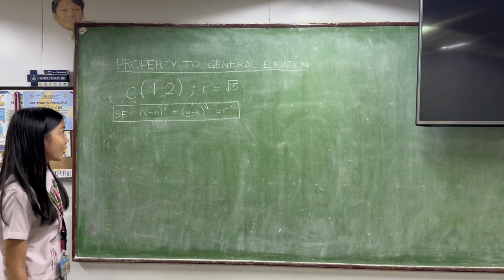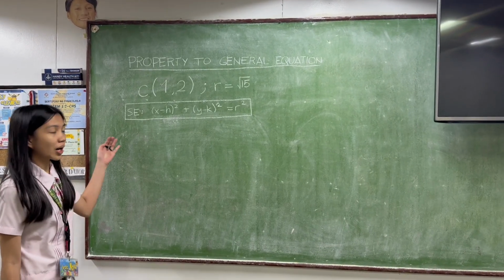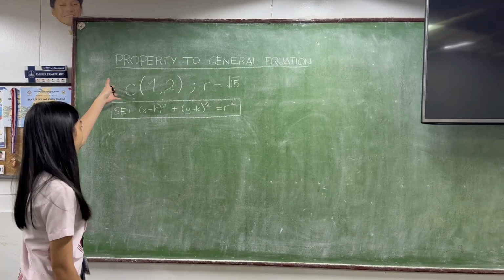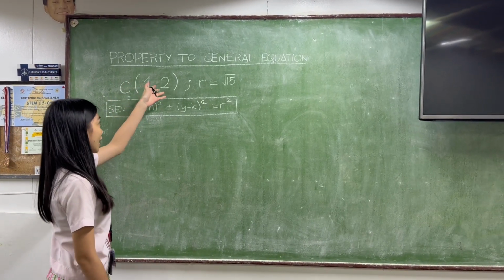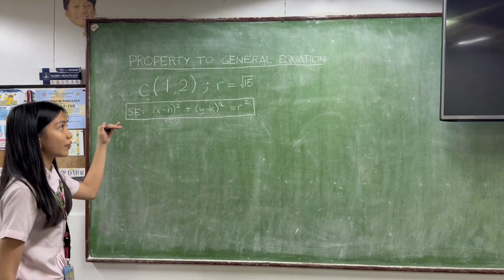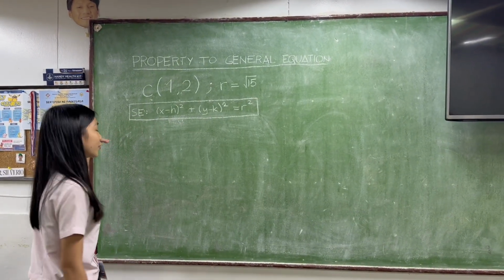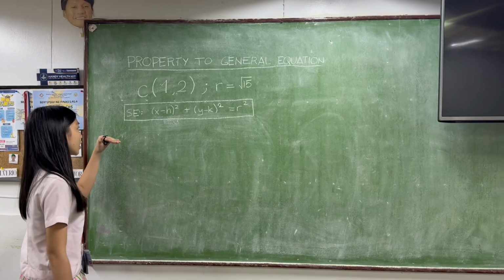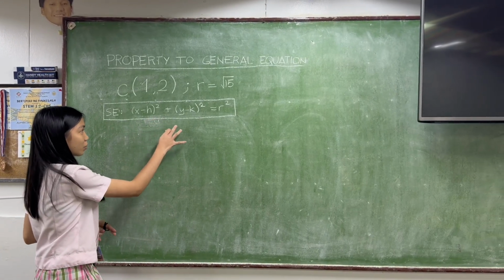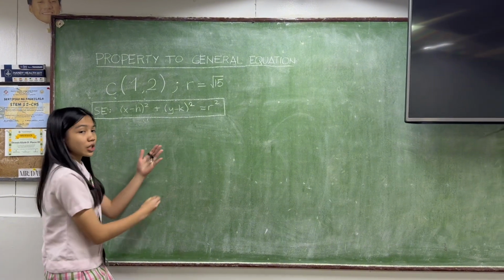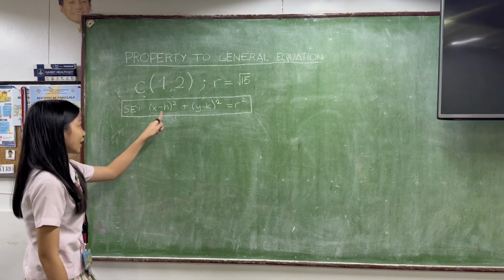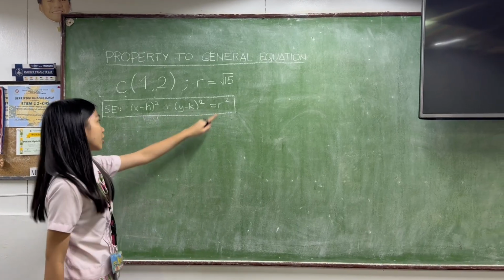So now, let's find the general equation given the properties. Given here, we have the center with the coordinates 1, 2, and the radius, which is equal to the square root of 15. First, to find the general equation, we have to find the standard equation. Given the standard equation, (x minus h) quantity squared plus (y minus k) quantity squared is equal to r squared. First, let's find the h, k, and the r.